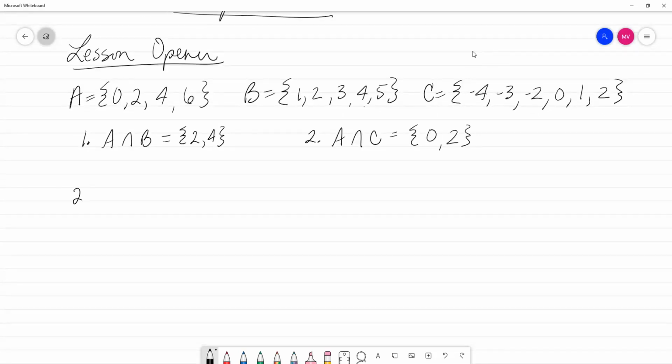All right. Abigail, let me give you one. What if I said B intersection C? I know, that's why we're practicing, because conjunctions are similar. So what's in B and C?